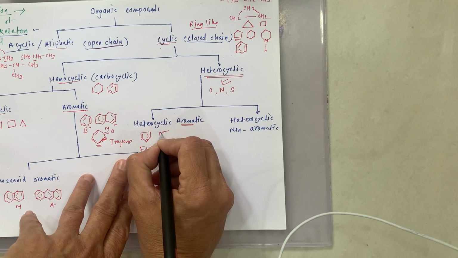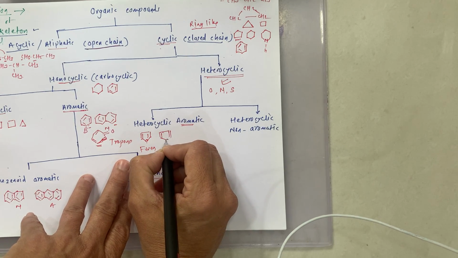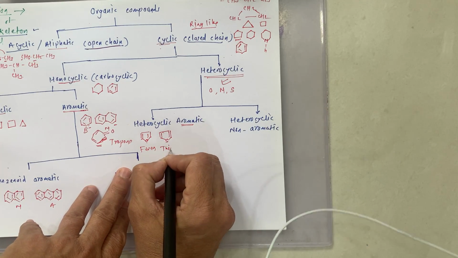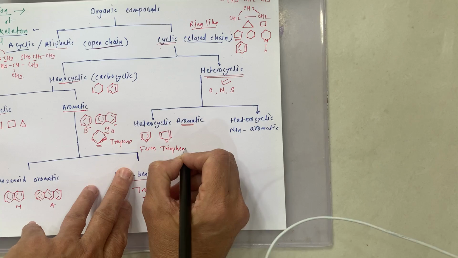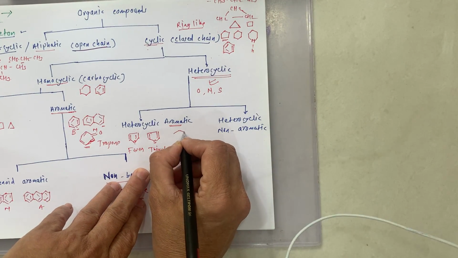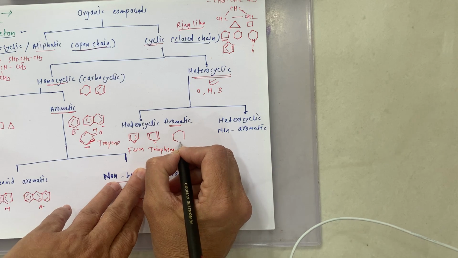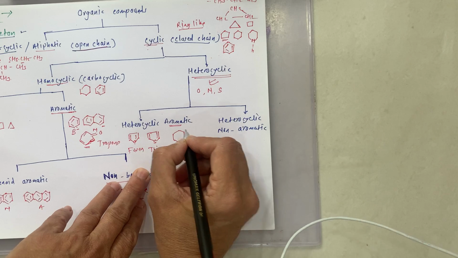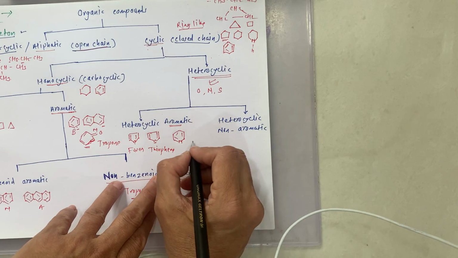If the compound is like this, here it is S, sulfur, then this is thiophene. If there is a benzene ring like structure, but one of the carbons is replaced by nitrogen, then this is called pyridine.